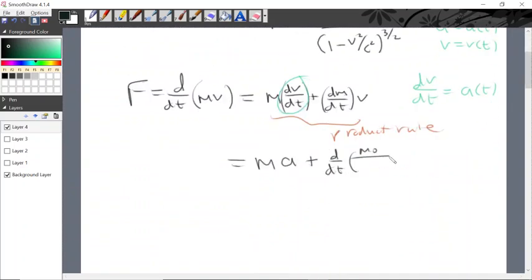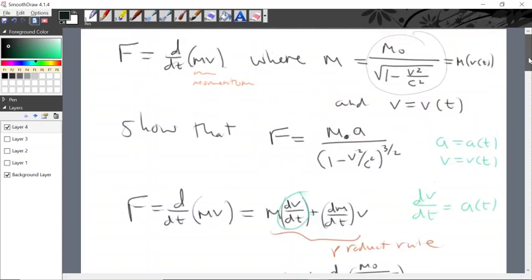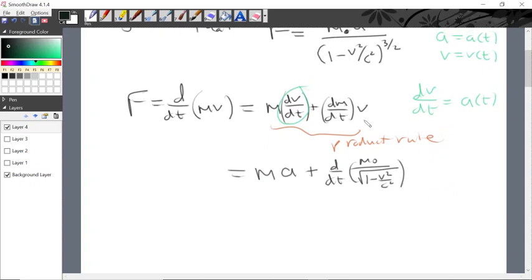m naught over the square root of 1 minus v squared over c squared, and then that gets multiplied by v. Now I'm going to replace this mass function right here by that same quantity, m naught over the square root of the quantity 1 minus v squared over c squared, and then that's times a.